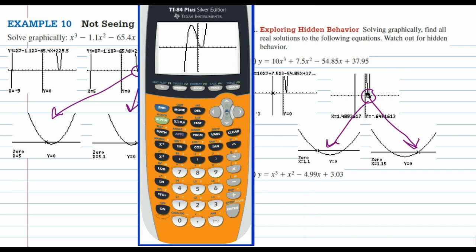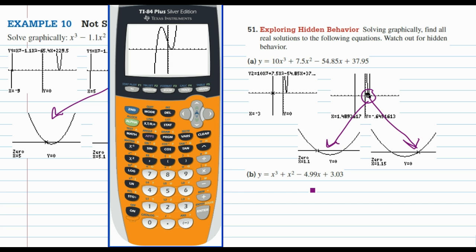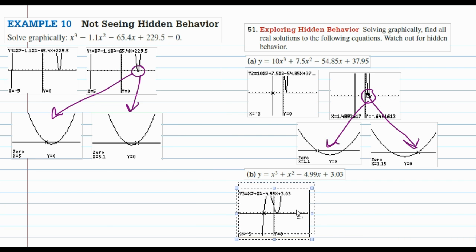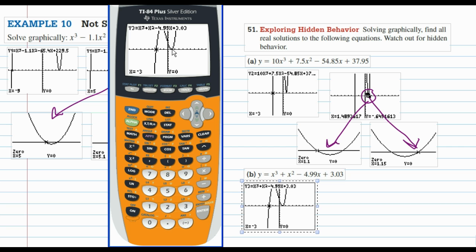The last problem here, part B, I've put that into my y3 equation. I zoom 6. I'm guessing my hidden behavior is going to be right there. First I'm going to trace and see if -3 is a 0. It is. Now my other 0, again looking for hidden behavior, so I'm going to zoom box around where I think those other zeros are going to be.